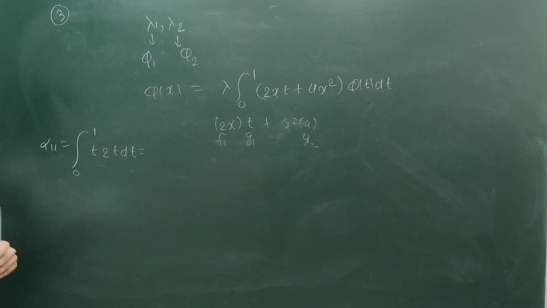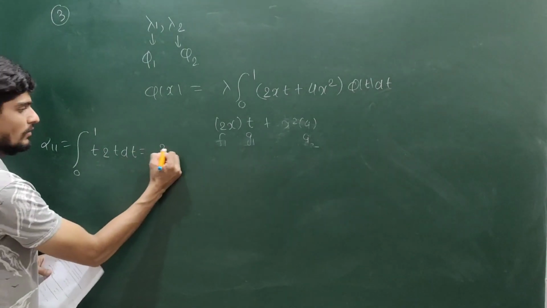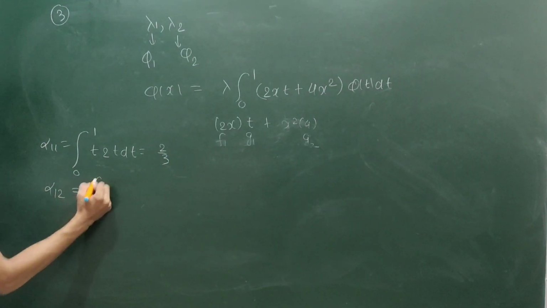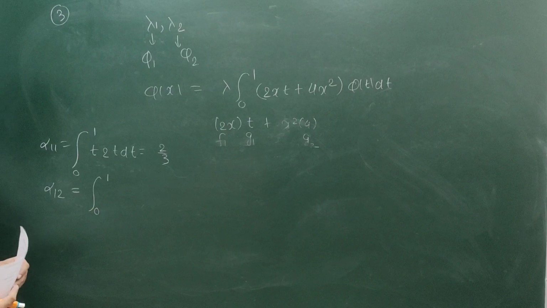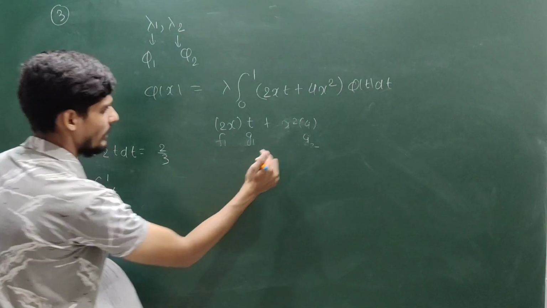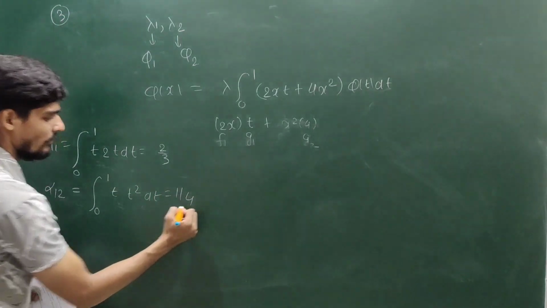So it will be 2t square. If you integrate, 2 into t power 3 by 3, so it will be 2 by 3. Alpha 12 is integral 0 to 1, your g1 is t, your f2 is t square, t times t square dt. It will be 1 by 4.